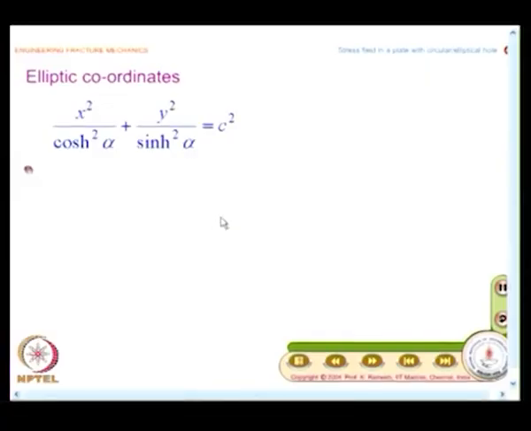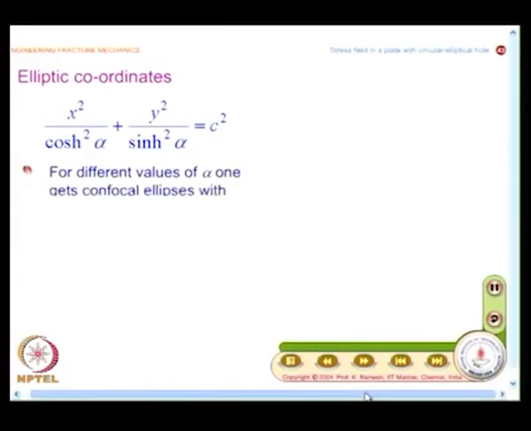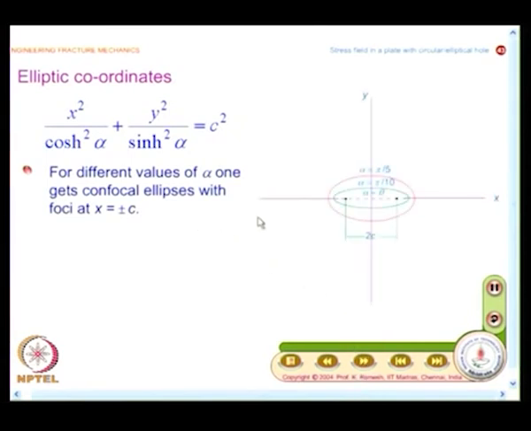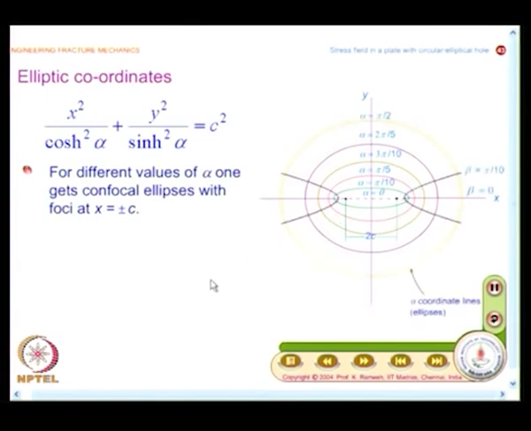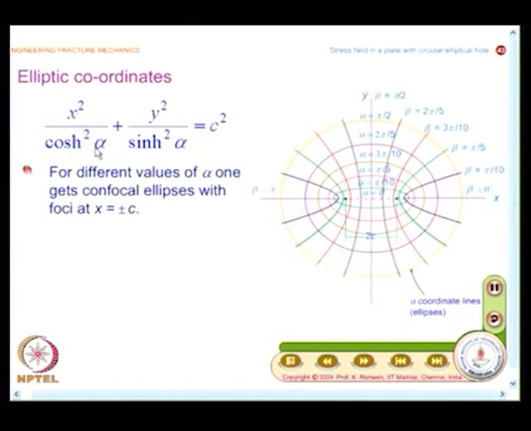Then you could also have a look at the elliptic coordinates. I will just show the elliptic coordinates, and you have to recognize that these were necessary for solving the problem of a plate with an elliptical hole. This comes from a basic expression x squared by cosh squared alpha plus y squared by sinh squared alpha equal to c squared, and for different values of alpha one gets confocal ellipses.